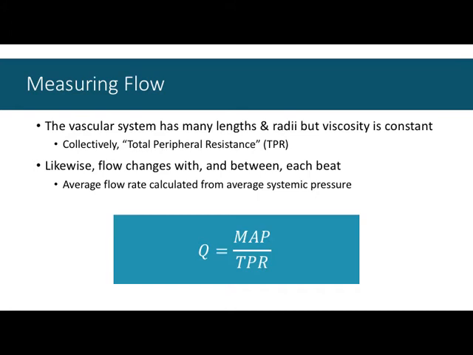So this is the equation that we'll use. We're not concerning ourselves with pi and radius and viscosity and length. Most of those terms are fixed, but we can calculate these terms which contain smaller dimensions within them, but we don't care as much as long as we can approximate total resistance and average pressure. And we talked already about how to calculate average pressure last week. This series of slides deals with calculating Q.